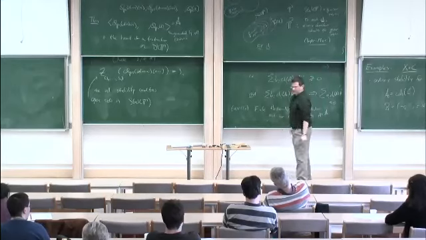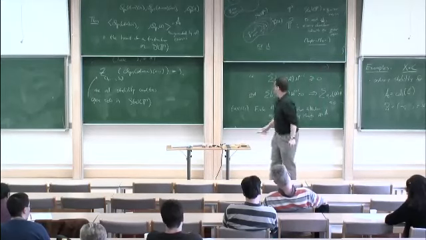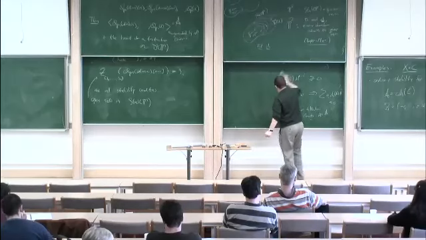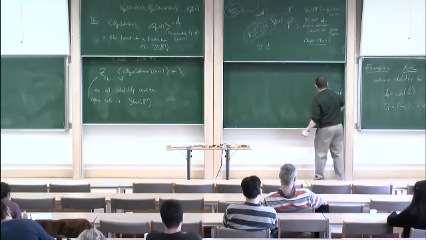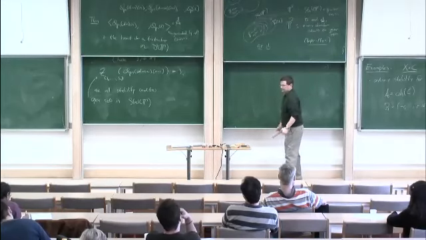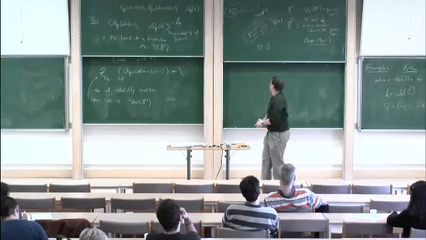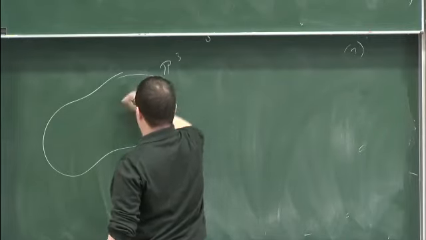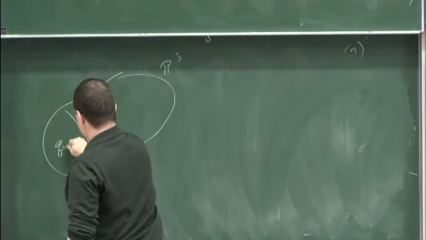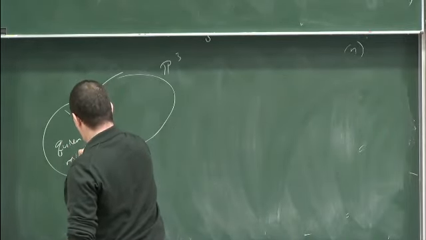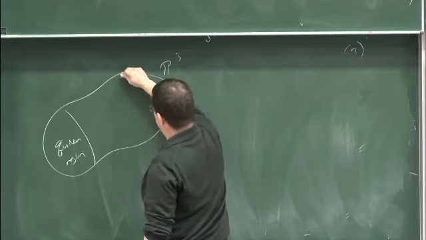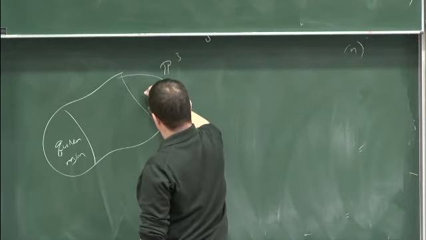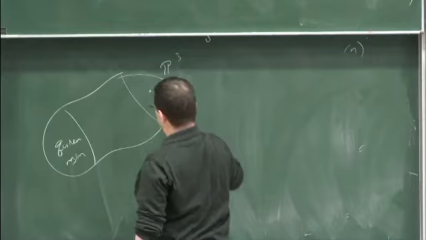P3. Quiver region. Presumably, it's going to be far away from Gieseker stability.